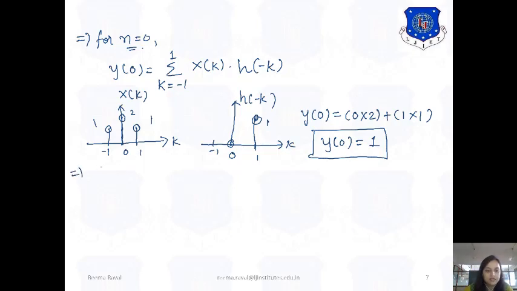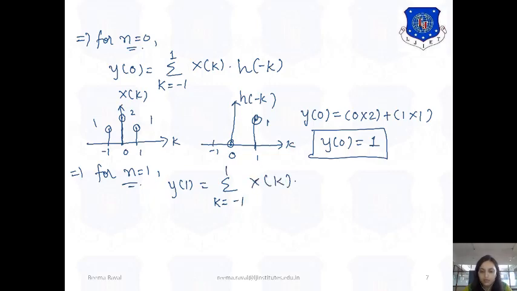Now for the last instant, that is for n equals to 1, y of 1, that is equals to summation of k equals to minus 1 to 1 x of k into h of n minus k. N is what? 1. So that will give you 1 minus k, or else you can call it as minus k plus 1, right? So let us plot x of k.